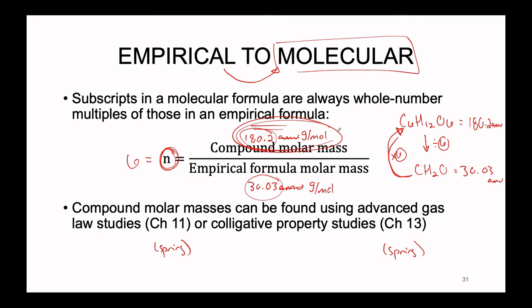All right, so if you have an empirical formula from your mass spectrometer calculation, and I give you some type of compound molar mass, you should be able to find what the actual molecular formula for your unknown is.